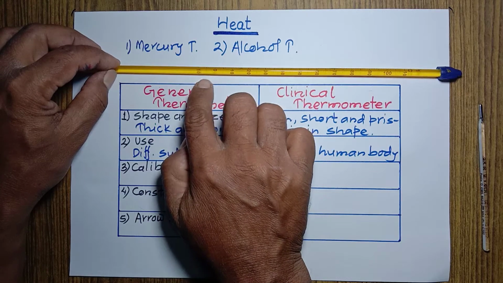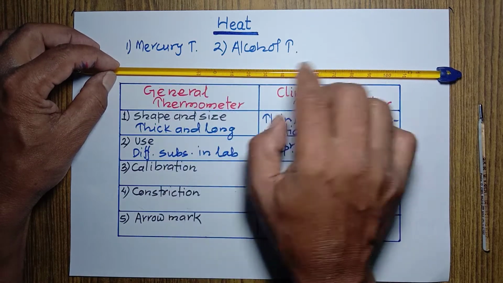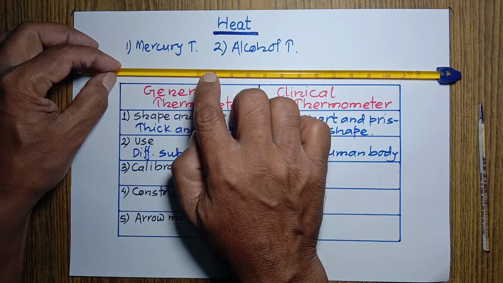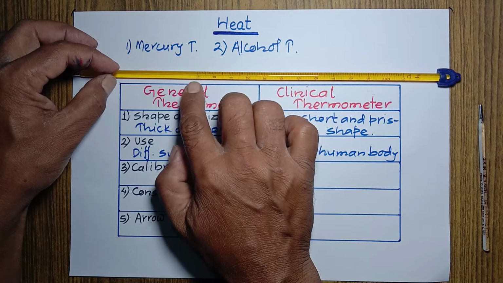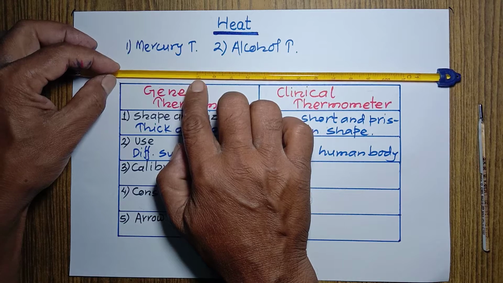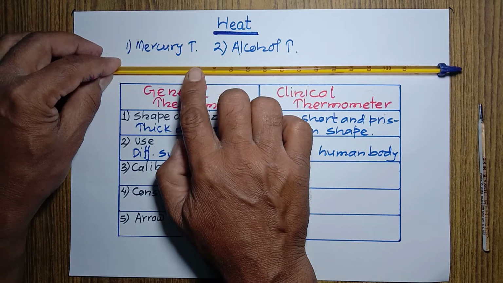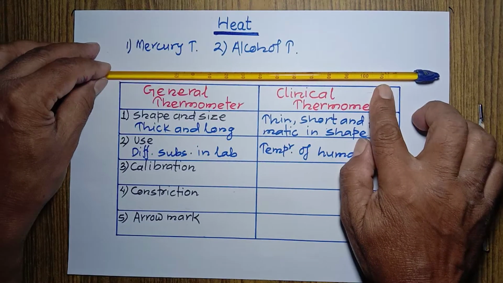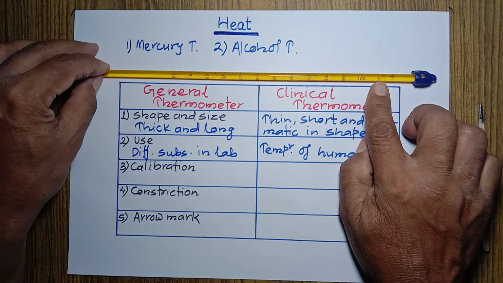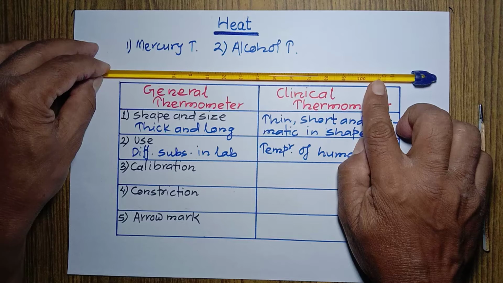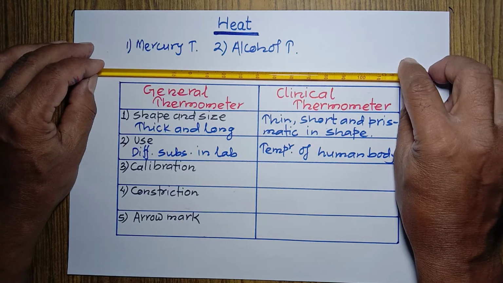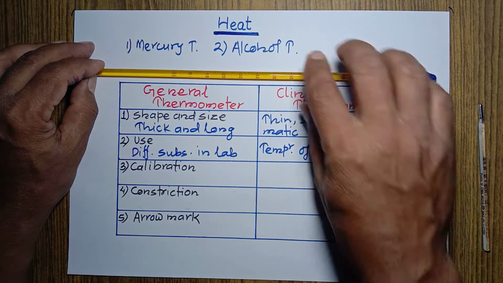Normally in many books it is written from 0 to 100, but nowadays this general thermometer available in laboratory has -10 degrees Celsius. Look at this, it is -10 degrees Celsius to the last one, 110 degrees Celsius.